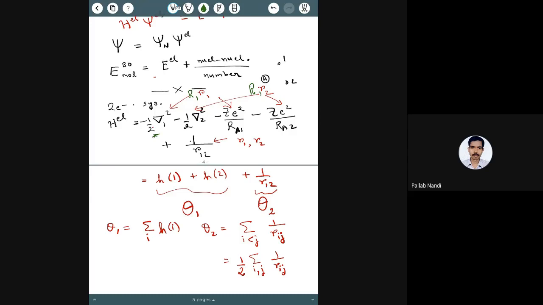Even if there were more nuclei, there could have been a capital R dependence, but that would also be a parameter. So it is just the electronic coordinates. But I will not write the R here. We will get confused later on.